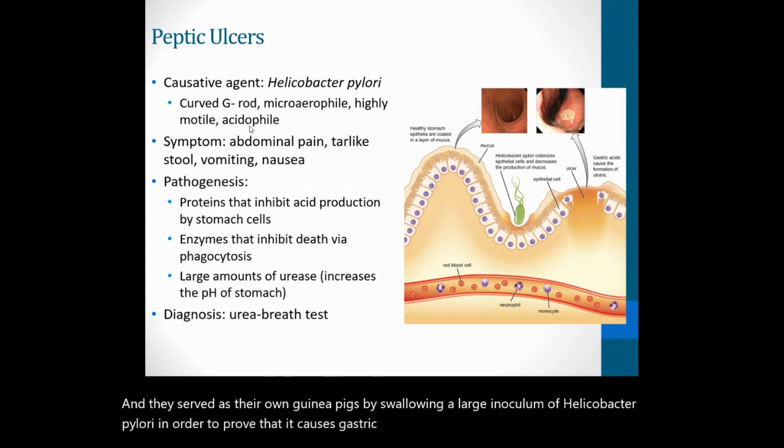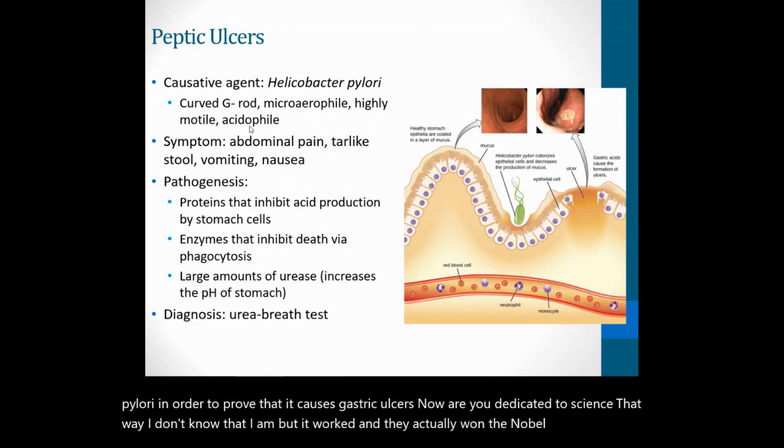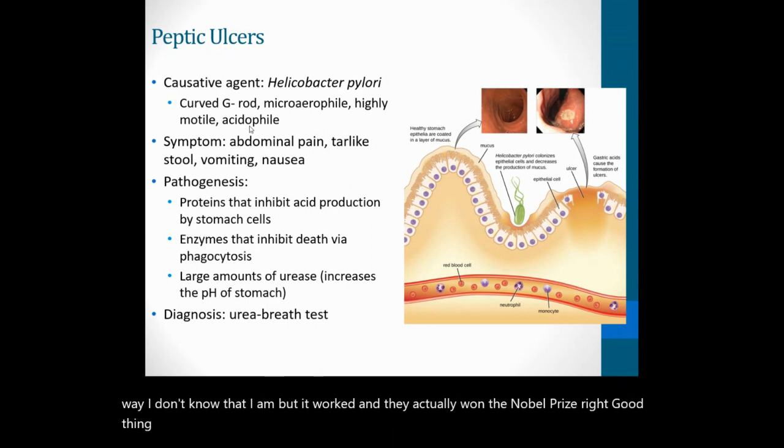Now, are you dedicated to science that way? I don't know that I am, but it worked and they actually won the Nobel Prize, right? Good thing it only caused ulcers, right? Uncomfortable, but they survived. So what happens once Helicobacter pylori gains access to the body?